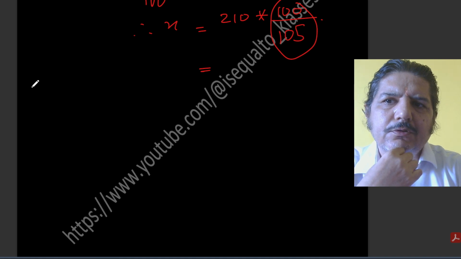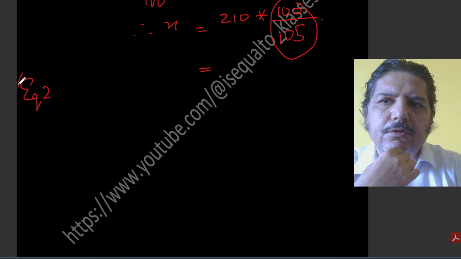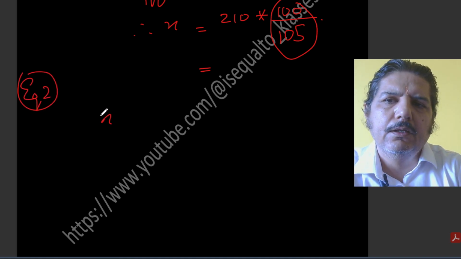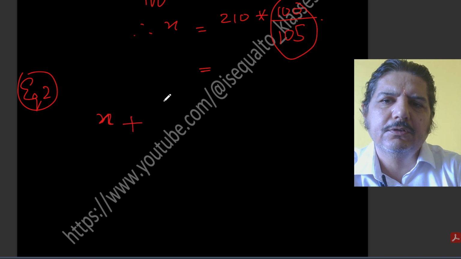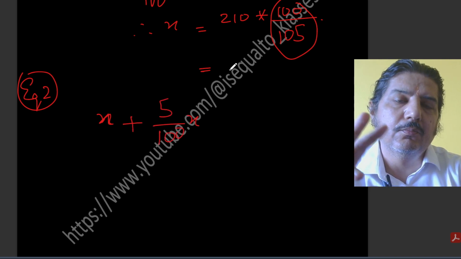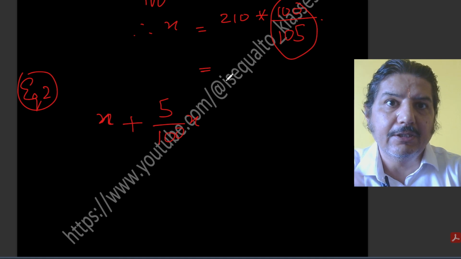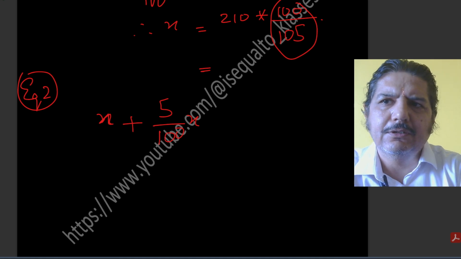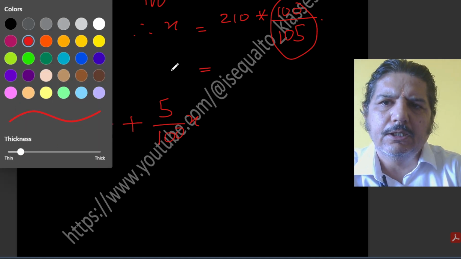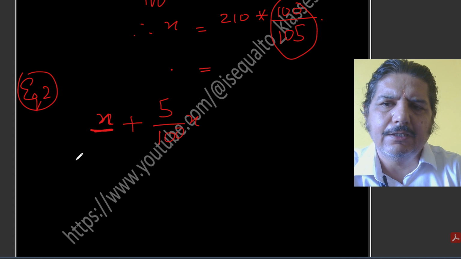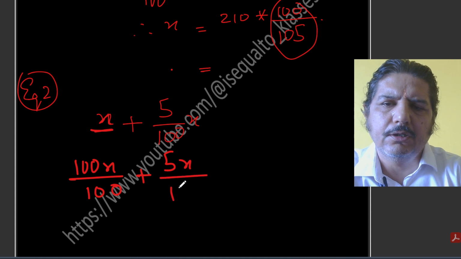The second type of equation that you will have to solve is something like say x plus 5 upon 100x. This is another kind of algebraic equation that you will have to solve. Now, how do we solve this? The easy way which I have seen students prefer is that I write this x as 100x upon 100 plus 5x upon 100.